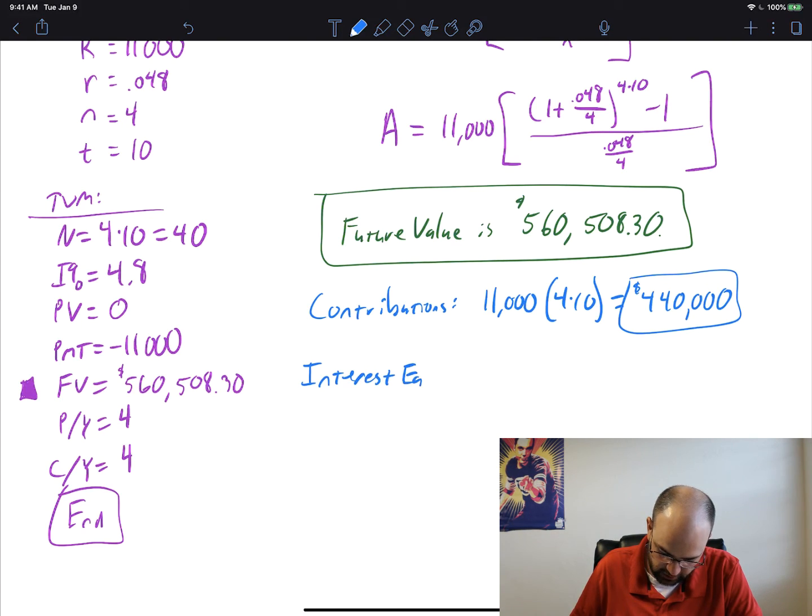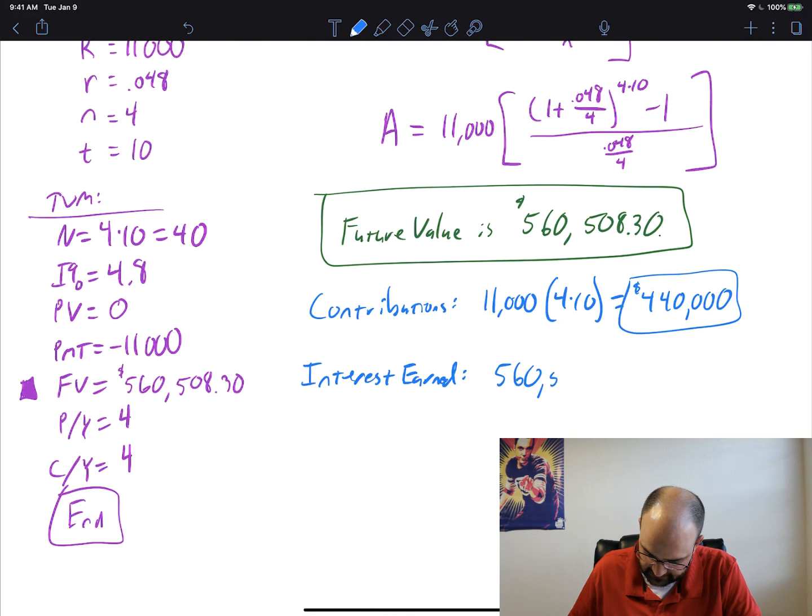The interest earned was the difference between $560,508.30 and the $440,000. So it'd be $560,508.30 minus the $440,000.